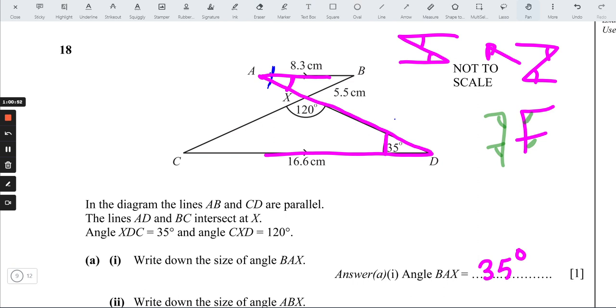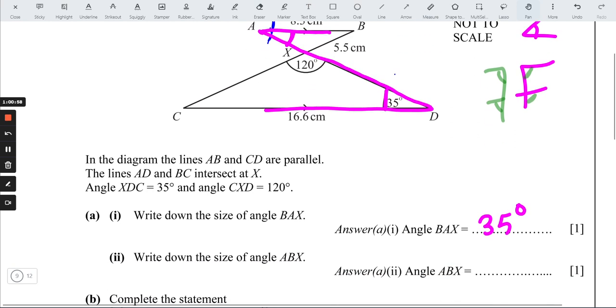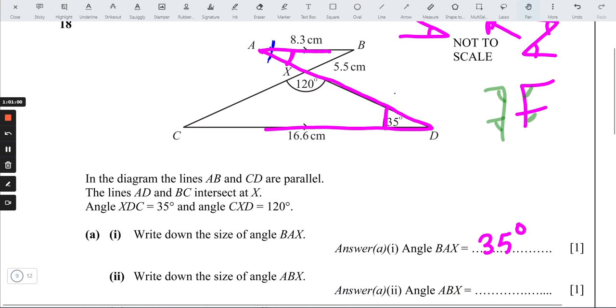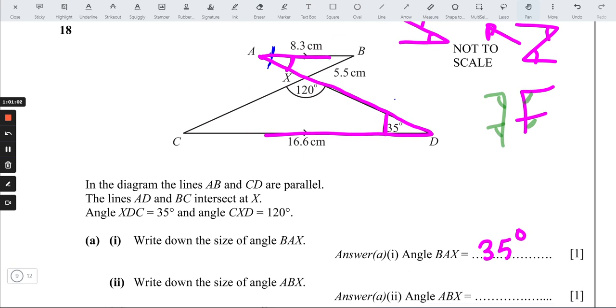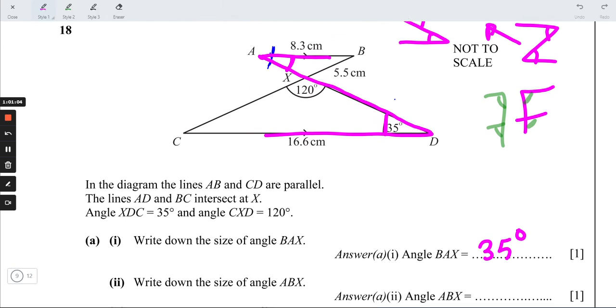Now write down the size of angle ABX. They need this angle here. Because we have two parallel lines and we are not able to draw an F shape, this is the Z shape.